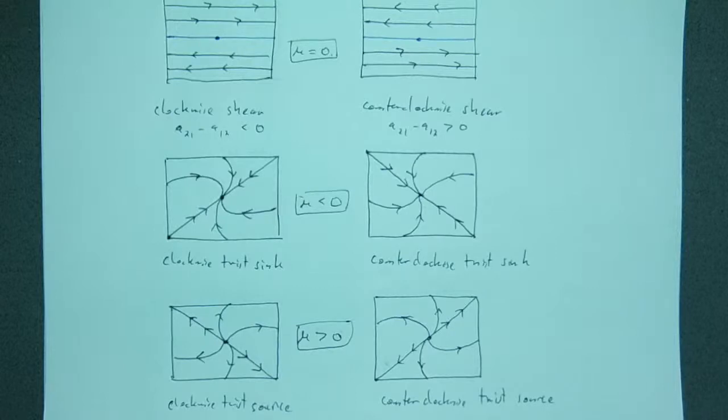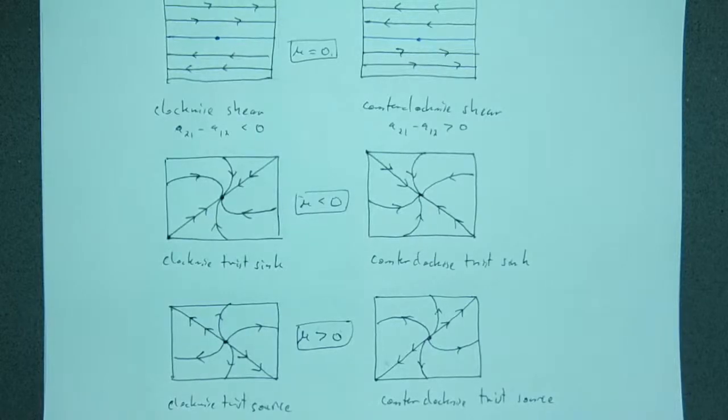Those split into 2 cases: one is when the matrix is a scalar multiple of the identity. The other is when it's not. So in the case of scalar multiple identity, you get 3 cases. In the case of not being scalar multiple of the identity, you get 6 cases. So altogether, that is 20 total cases that are possible here.